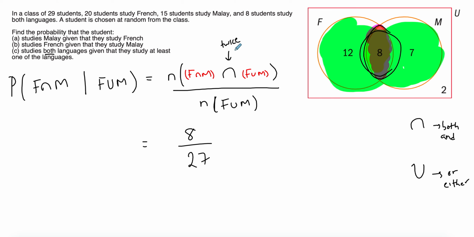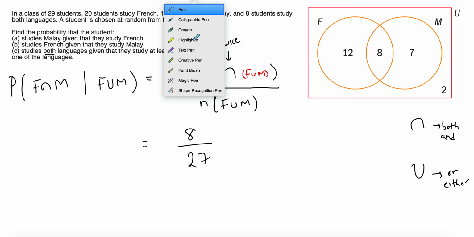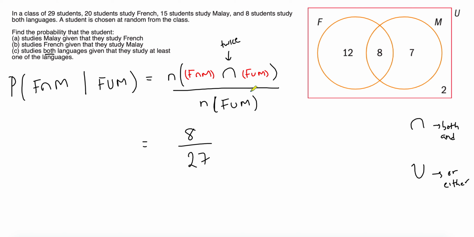So even though it looks complicated, just break it down into different parts. You should know how to do this. As I did with the previous questions, I'm going to show you how to do it without the formula, or to understand how it is without the formula. Because I'm looking at F union M, I'm looking at this area.